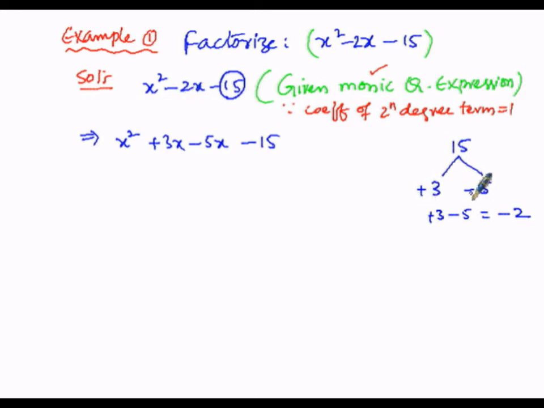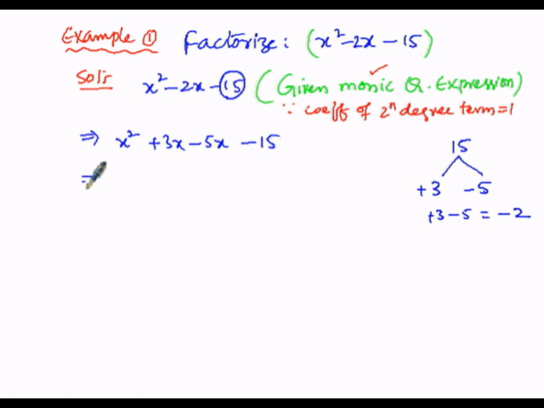Plus into minus is minus, so 5 minus 3 is 2, and since 5 is greater, the sign is negative. So I got minus 2 as the middle term, and minus 2x can be written as plus 3x and minus 5x. Then minus 15 is written as it is.